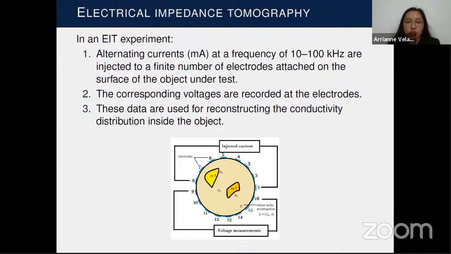Using those voltage measurements, we aim to reconstruct the conductivity distribution inside the object. In particular, in this example, we aim to find subdomains omega 1 and omega 2 and their respective conductivity values sigma 1 and sigma 2. The background conductivity, so the conductivity inside omega 3 here, is usually known.